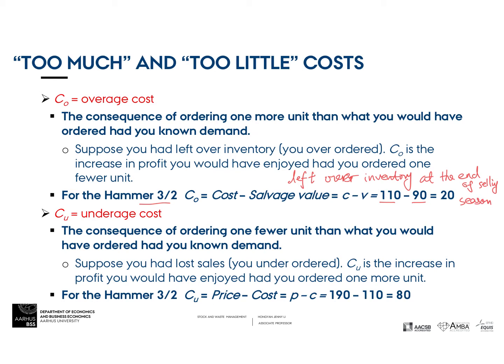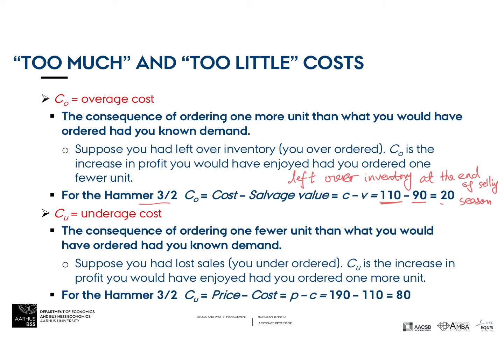This is called the overage cost. You have paid the purchase cost of $110, but now you can only sell this product for $90. You basically make a loss. So if you had not ordered this extra unit, you would have saved this $20 extra loss, which means you could enjoy more profit.